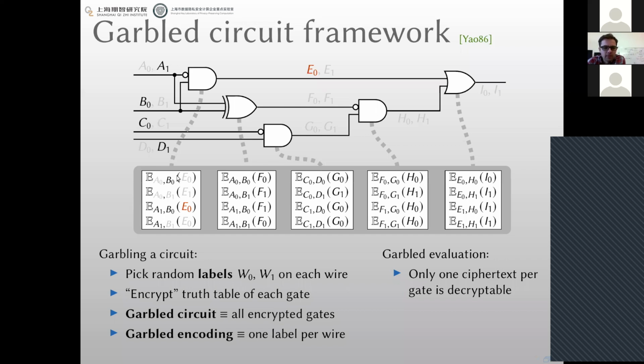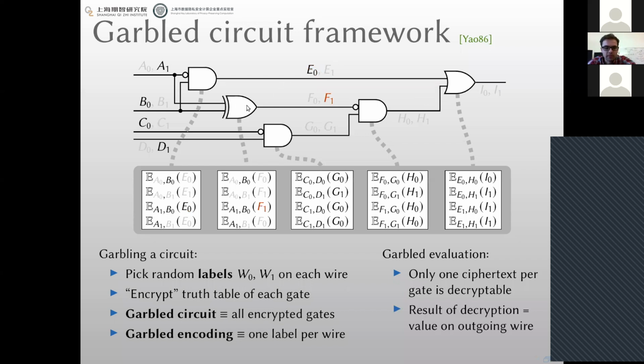So if you have this garbled circuit, all of these ciphertexts, and you have a garbled encoding on the input wires, this circuit just has 4 input wires, and here is a garbled encoding of input 1001. If you have that information, then you can start to evaluate the garbled circuit. So let's look at this first gate. If I have A1 and B0, and I have these 4 ciphertexts, well, then I can only decrypt this third ciphertext, and then I will learn E0.